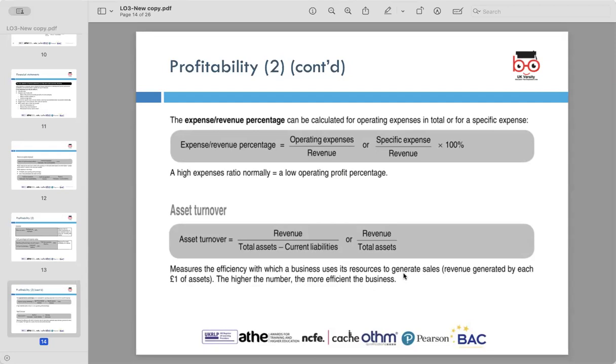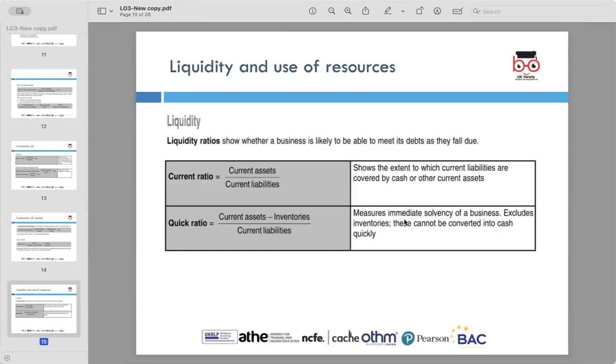Significance in financial analysis. Analyzing the expense revenue percentage helps stakeholders understand the company's cost structure and efficiency in managing expenses. A lower ratio indicates better cost management and higher profitability potential.